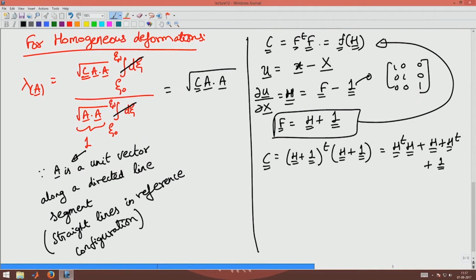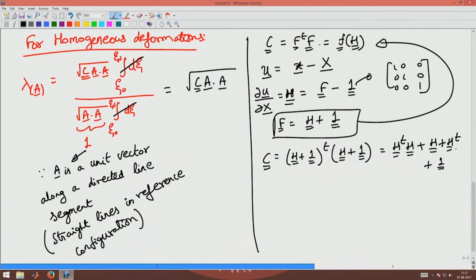Note this F transpose F is not equal to F square unless F happens to be a symmetric tensor. F in general is not a symmetric tensor, so it is not F square. We will see that there is another quantity called left Cauchy-Green deformation tensor, which is FF transpose. So, FF transpose and F transpose F are not the same, you have to remember that. You have to do the transpose in the appropriate place. Okay.